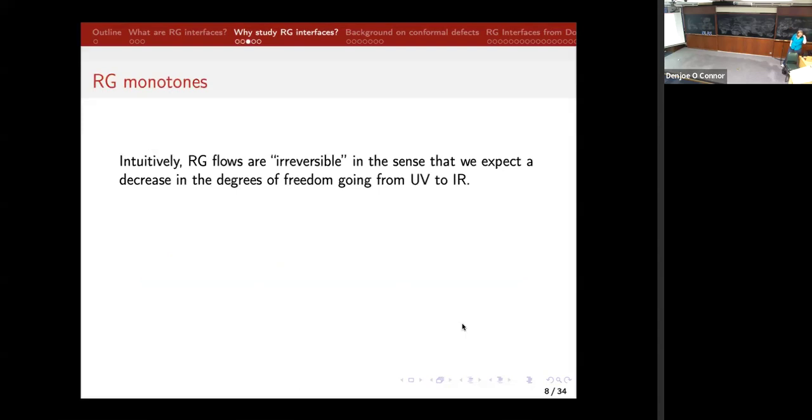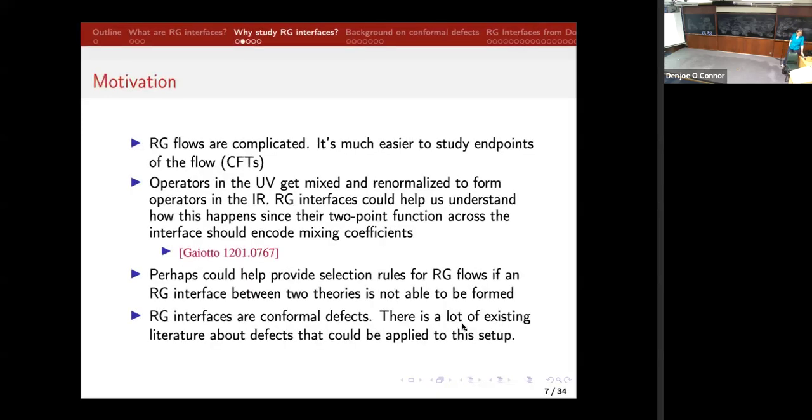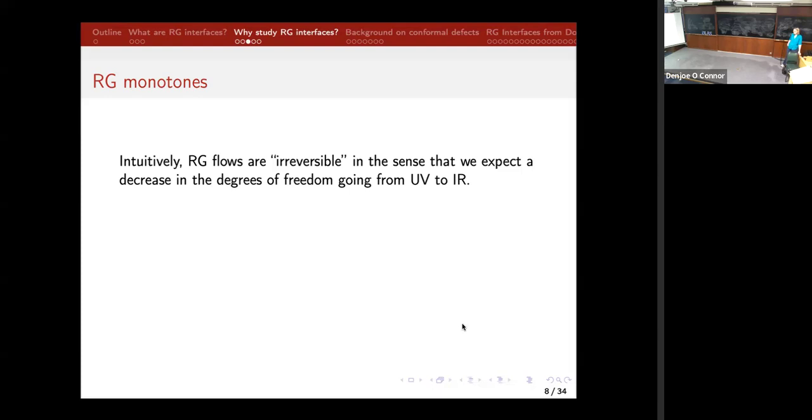Oh, I also wanted to mention RG monotones. This has also been an interest of mine throughout my work. One thing I find interesting about RG flows is quantities which help make more concrete the idea that RG flows are irreversible, in the sense that you expect a decrease in degrees of freedom going from UV to the IR.